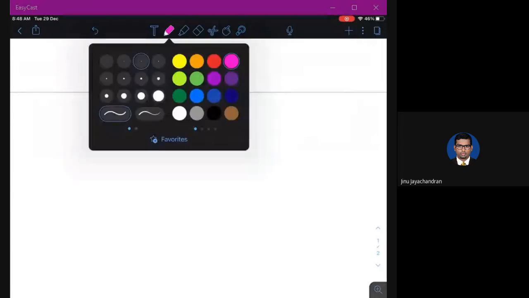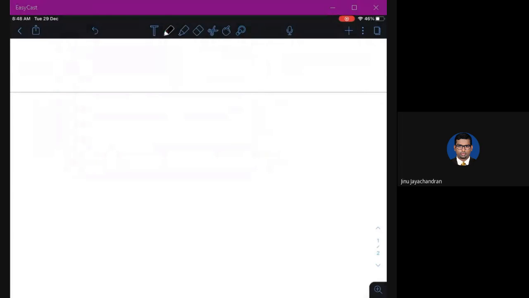So let's say I have two axes. One is X and one is Y. And then I have kept a rectangular waveguide in this axis.